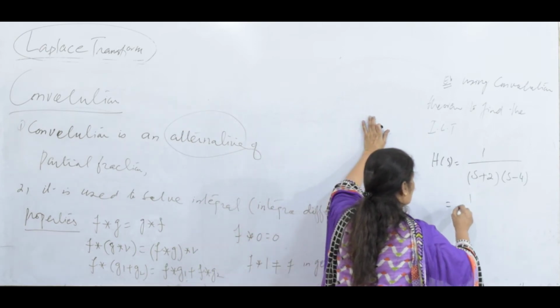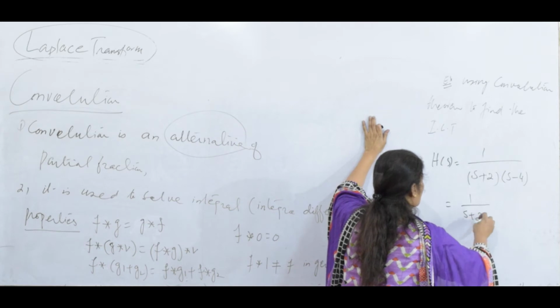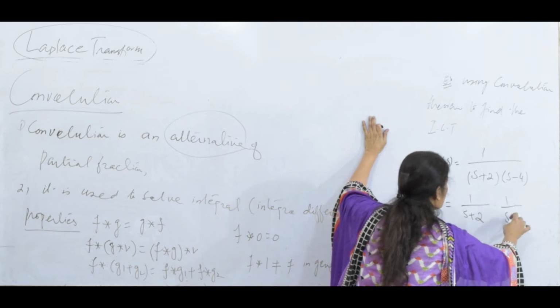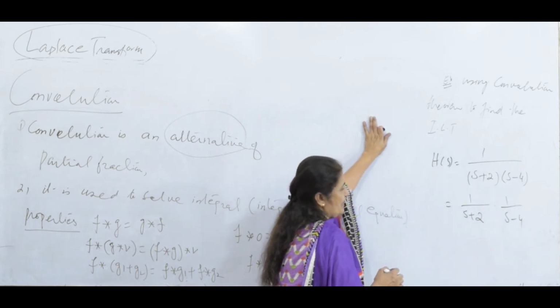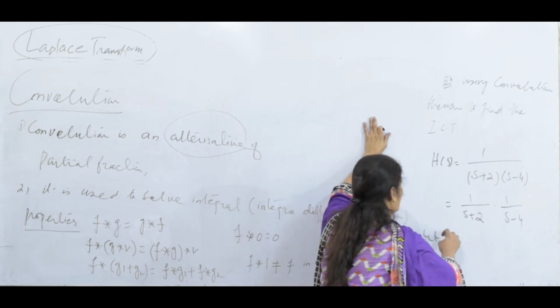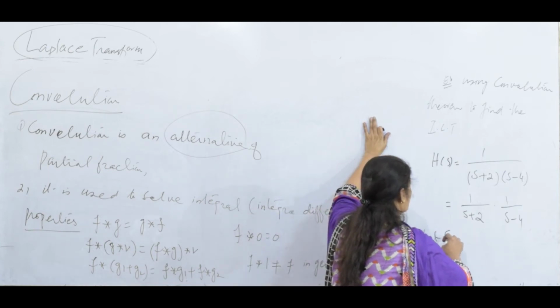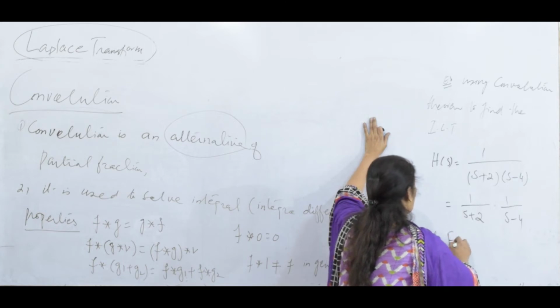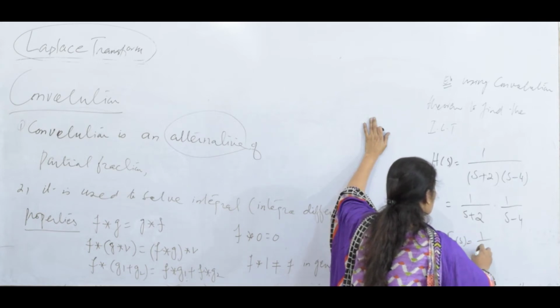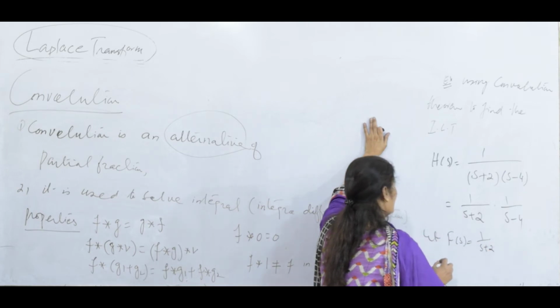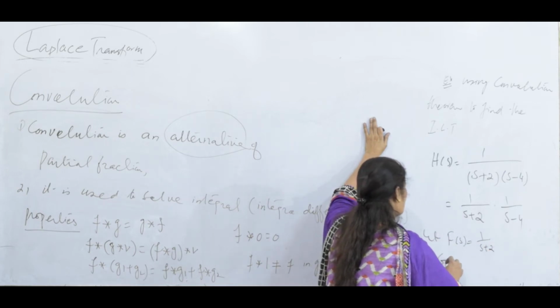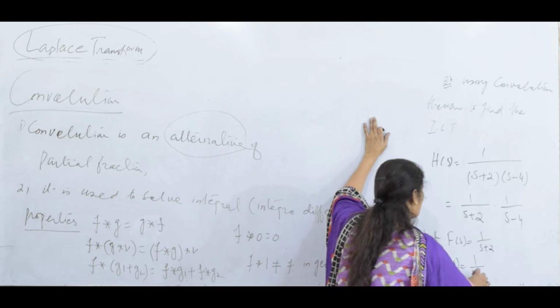So 1 over s plus 2 there, s minus 4 there. First of all, let f of s be 1 over s plus 2, and let g of s be 1 over s minus 4.